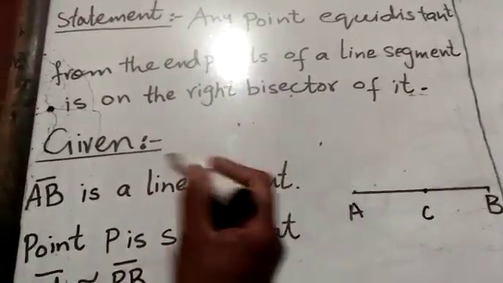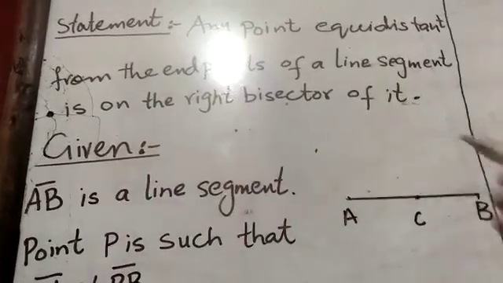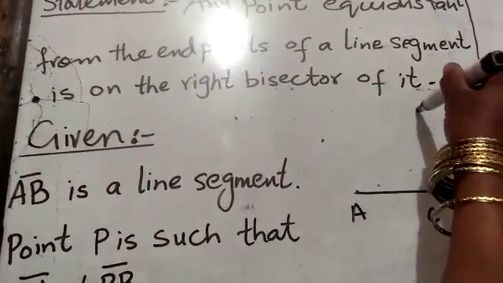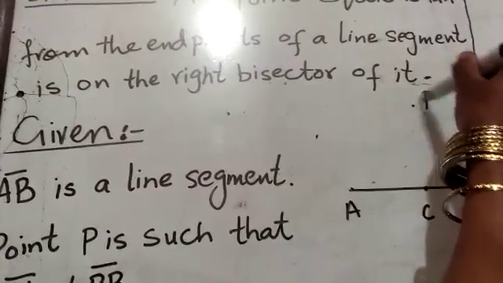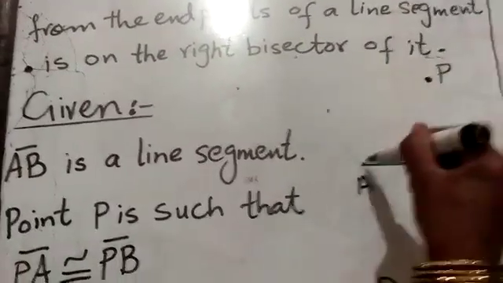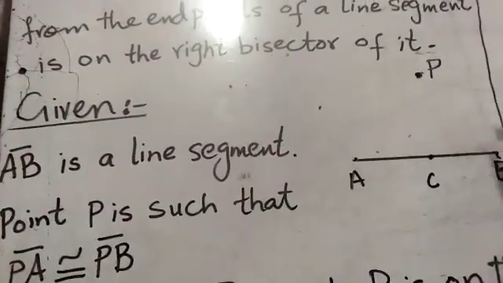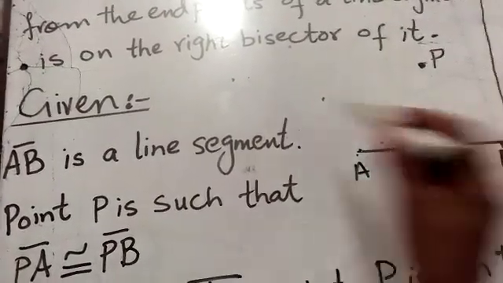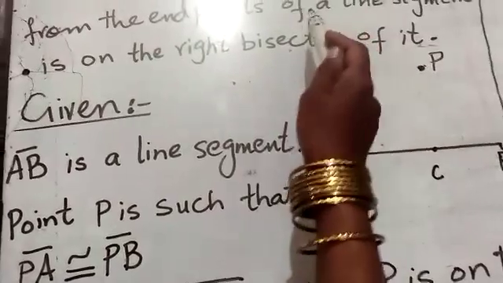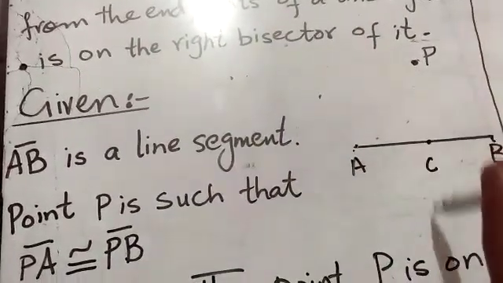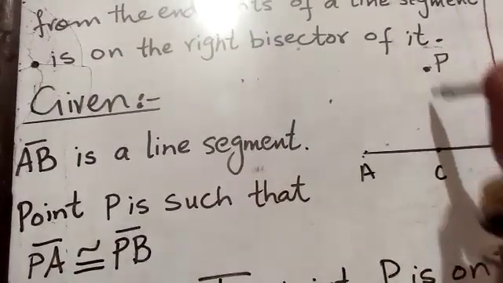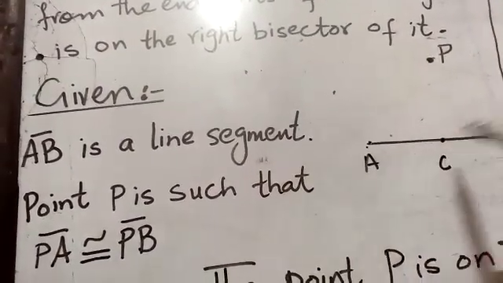And they said that any point which is equidistant, this is any point P. This is equidistant from A and B. They said P is equidistant from A and B. So we will prove that this point is on the line which is the bisector of this line segment AB.